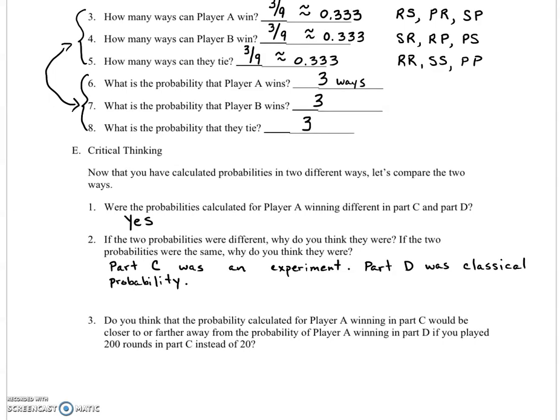And this is where the law of large numbers comes in. So for part C, we got player A wins, and remember, this is my numbers, not yours, 0.35 of the time.